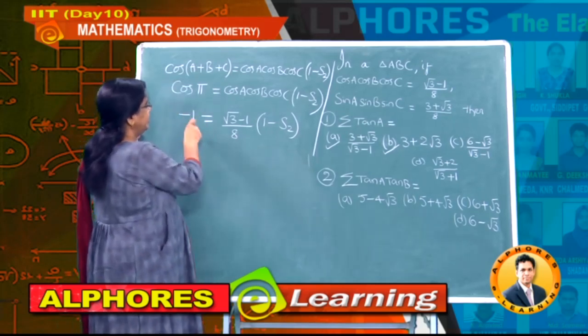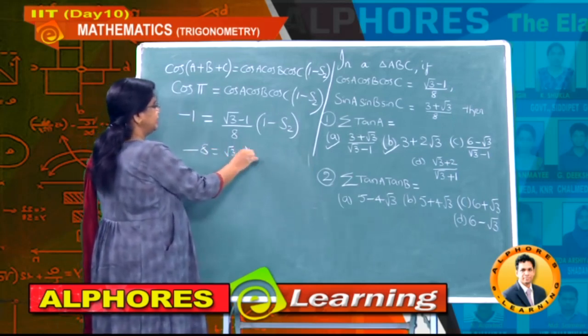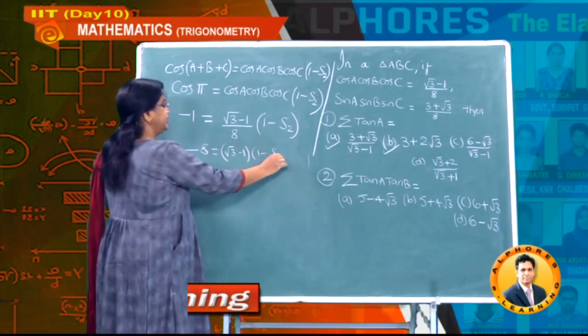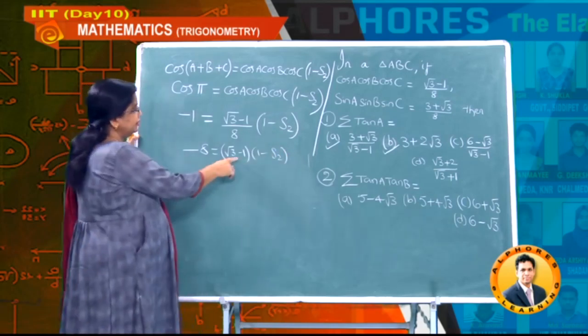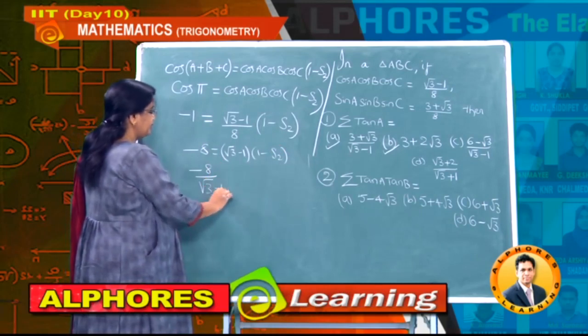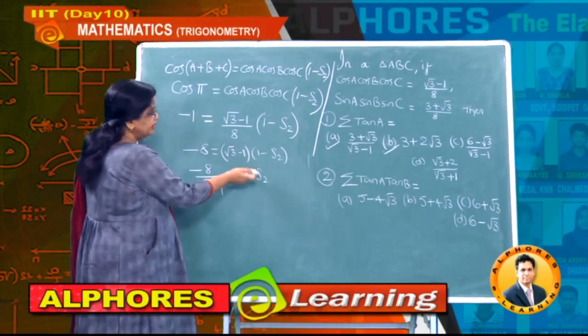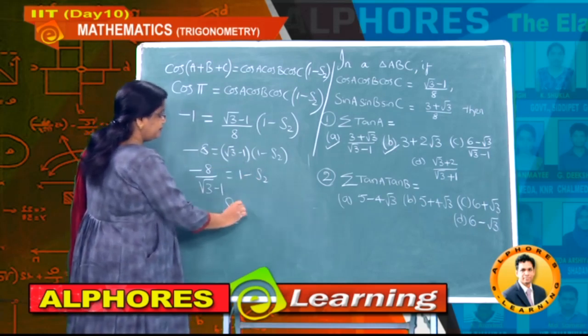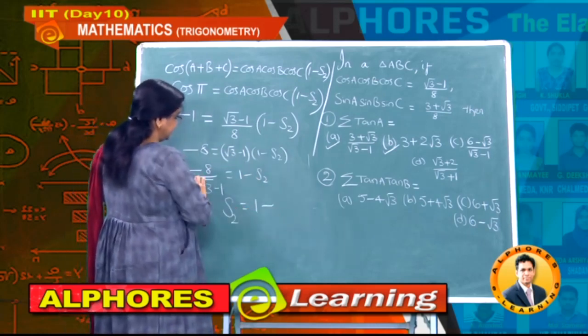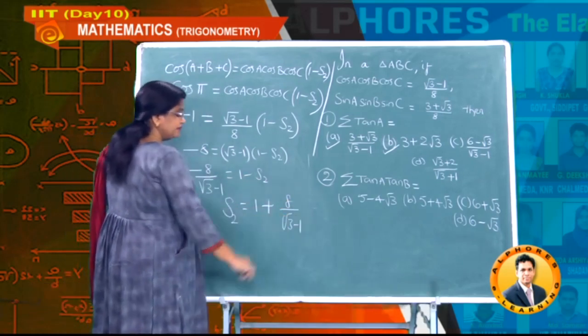Take this 8 to this side: minus 8 equals root 3 minus 1 into 1 minus S2, and then take this value to the denominator. Minus 8 by root 3 minus 1 is 1 minus S2. Then S2 is the requirement. So, S2 equals 1 plus 8 divided by root 3 minus 1.